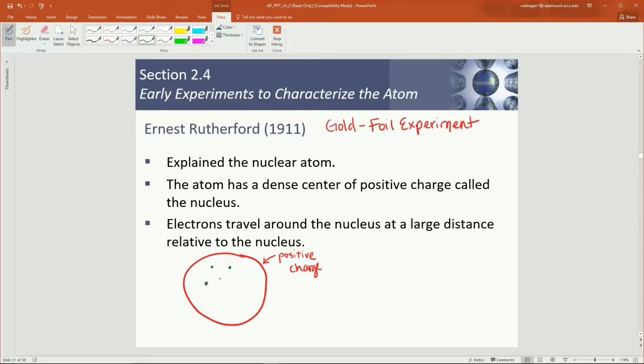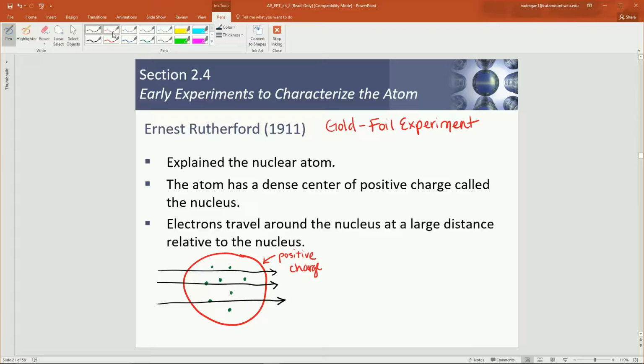These green dots are electrons. In Rutherford's gold foil experiment, he sent a ray of positively charged particles through thin gold foil. If J.J. Thomson's model of the atom was correct, all the alpha particles would just go straight through, since they wouldn't be hitting anything or being deflected.